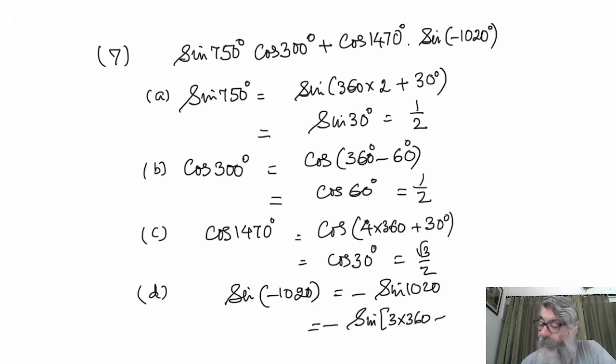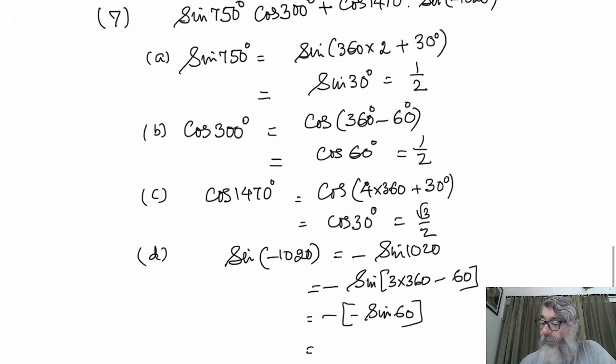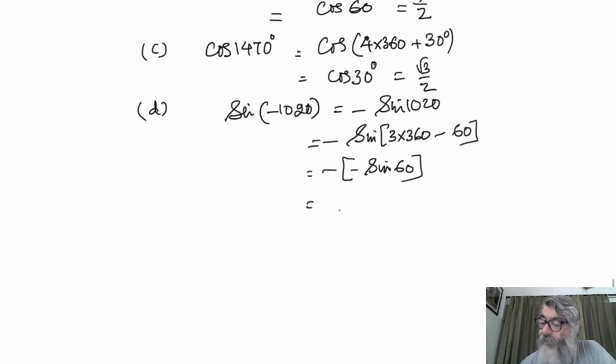If I subtract 60 from that, it will become minus sine of 1080 minus 60, and it is again coming into the fourth quadrant, so minus sine 60. Minus minus will become plus, so sine 60. And sine 60 is again root 3 upon 2.